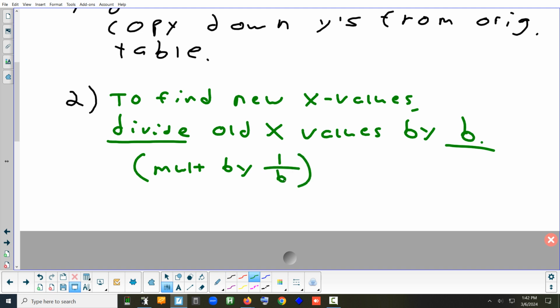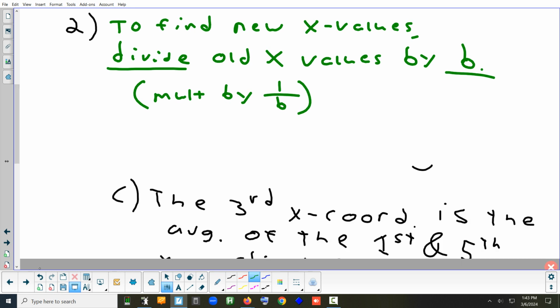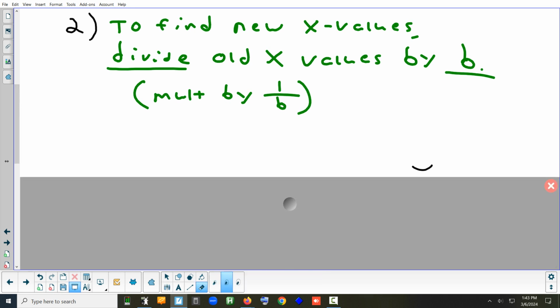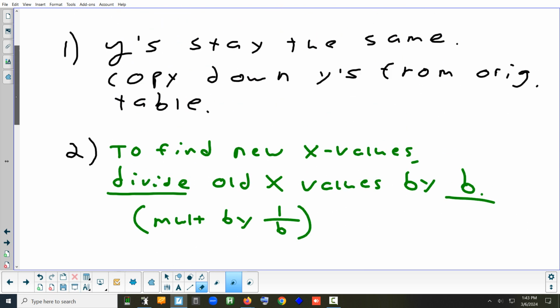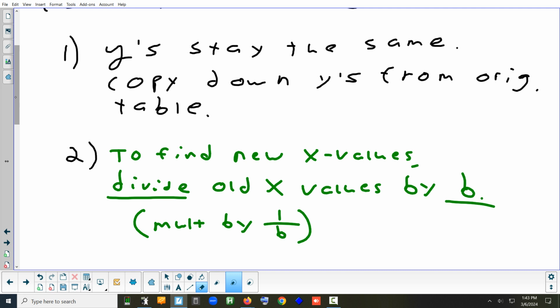Depends on the problem. But dividing by b is the same as multiplying by the reciprocal. All right. Any question on that? All right. And by writing it that way, I think I was able to eliminate some other things I was going to write. So that's it.